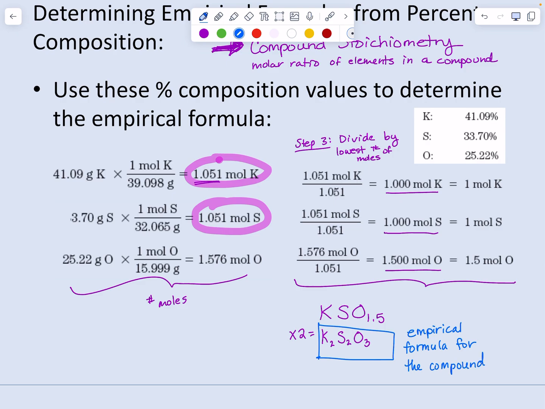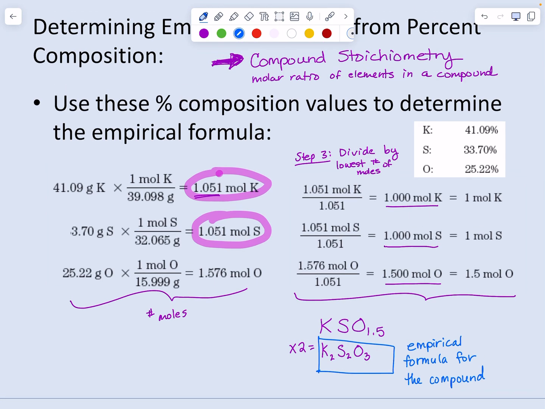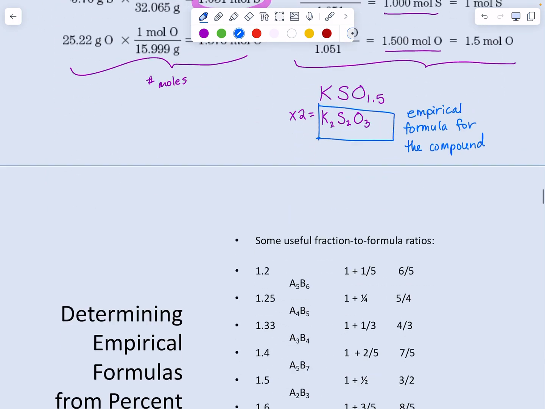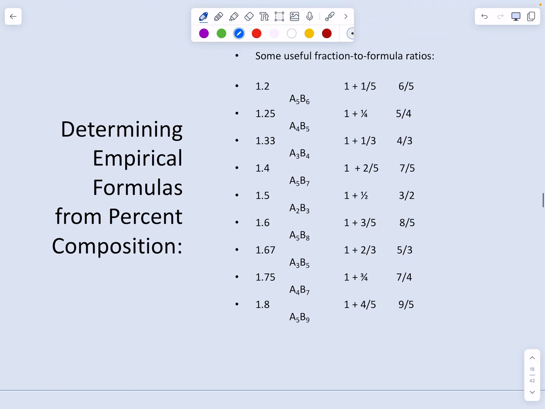Now, it might not be the molecular formula for the compound. We're going to talk about that in a minute. When you do this process, you are not always going to come out with every number being an integer, and in that case, you need to multiply everything by some number that's going to get you to that integer. There's a helpful table here.